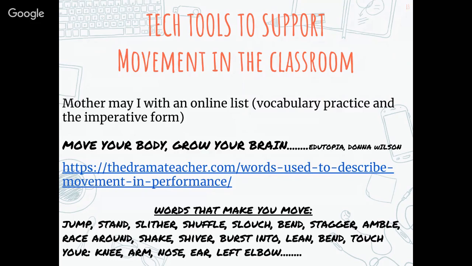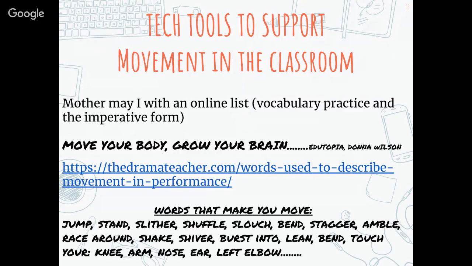Another way to get movement in class is to have your students practice movement words. This site here called thedramateacher.com has this long list of words that have to do with movement. So I love words like slither and shuffle and amble and stagger.